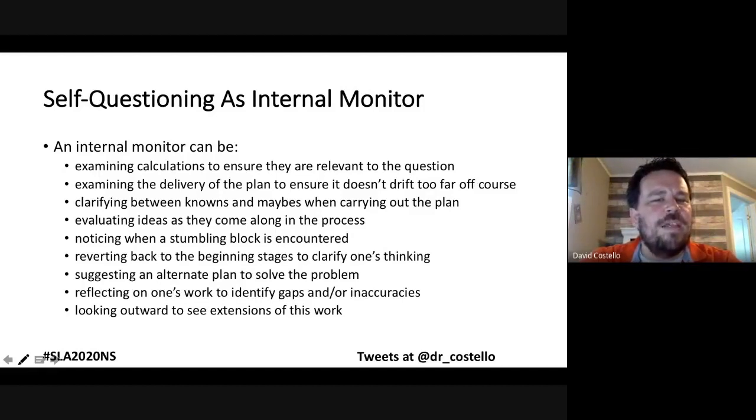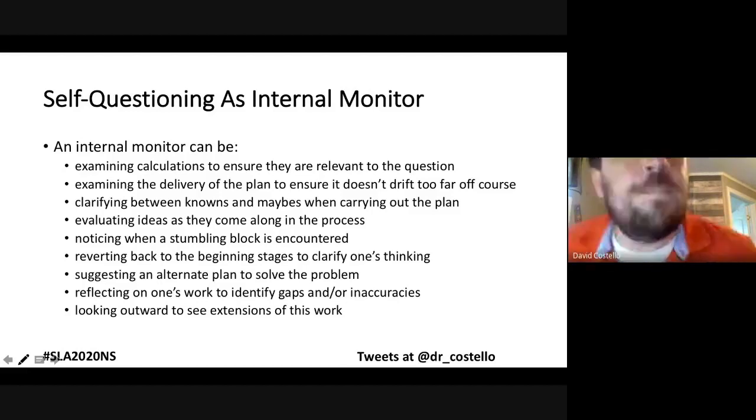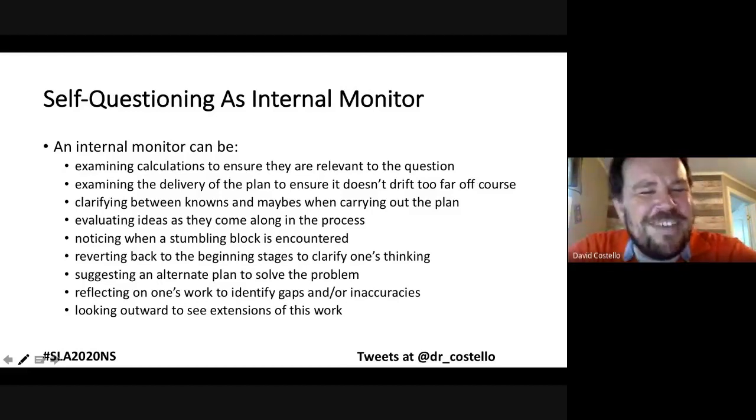They talked about examining their calculations to make sure they were relevant, examining how they were enacting their plan to see if it drifts too far off course. This one is really interesting: clarifying between "I know this" or "this may be right," to clarify whether this is something we know for sure or whether we're guessing. Evaluating ideas as they come along in the process, noticing a stumbling block.